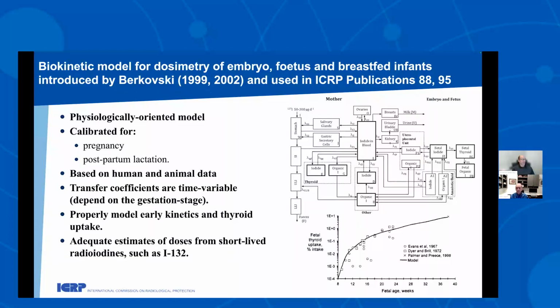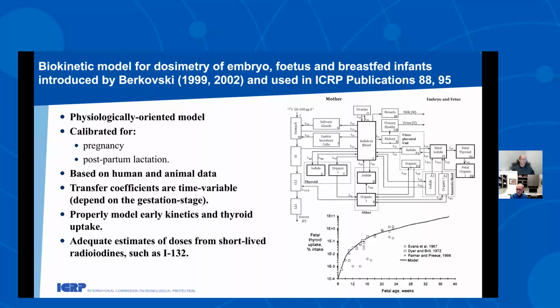Nevertheless, the model contains new structures like gastrointestinal elements, salivary glands, and gastric secretory cells, which in the early hours after intake may contain a substantial portion of iodine. And it's also a rather symmetrical structure for in utero.